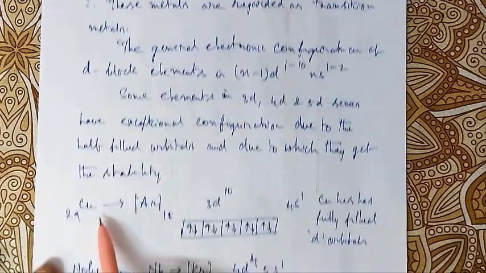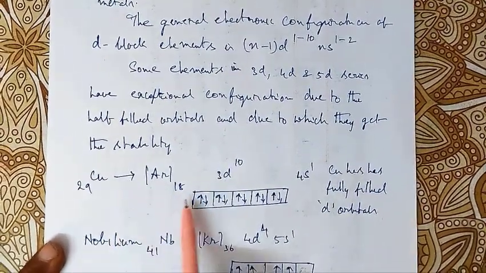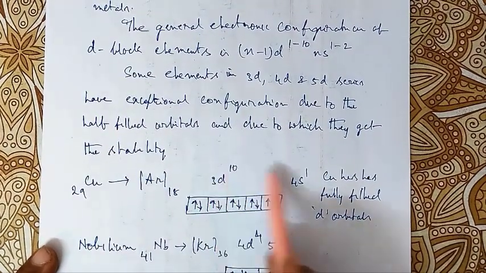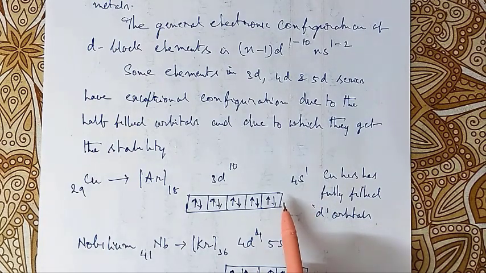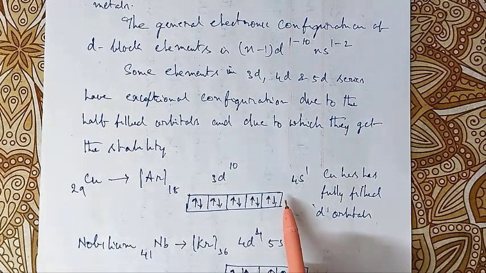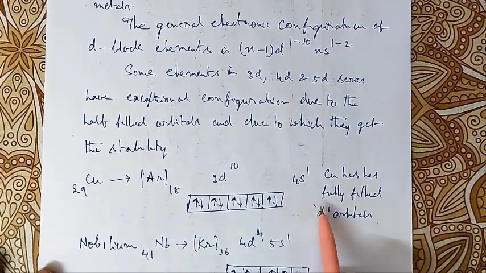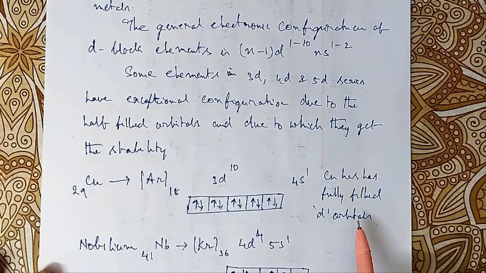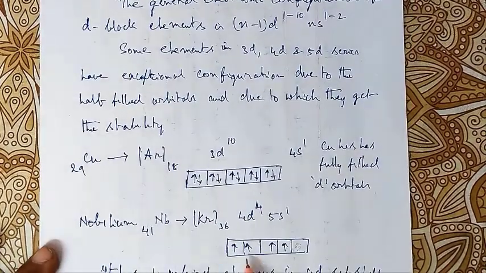For example, copper's expected configuration is 3d9 4s2, but if copper gets one more electron into the 3d subshell, it gets the maximum stability. Therefore, it has the exceptional configuration 3d10 4s1. In the same manner, niobium has configuration 4d4 5s1.